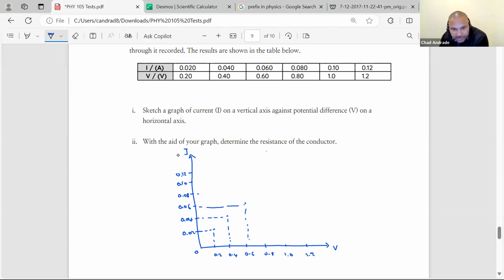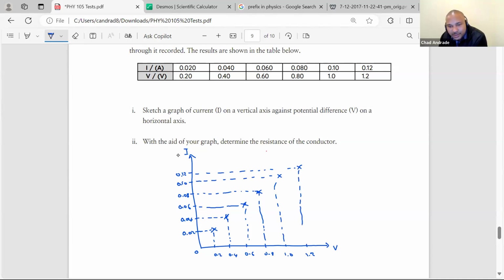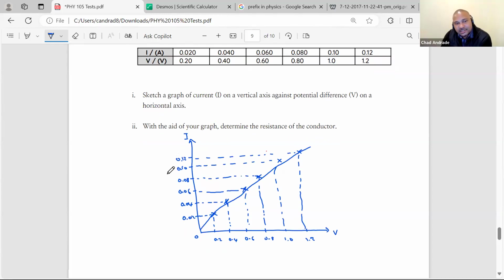And then 0.08 to 0.8. So I'll do some X's. And then 0.1 to 1.0, and 0.12 to 1.2. And then we just draw a line like this. Bam. That's part B finished.